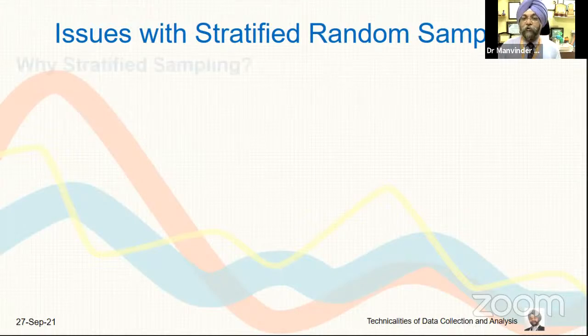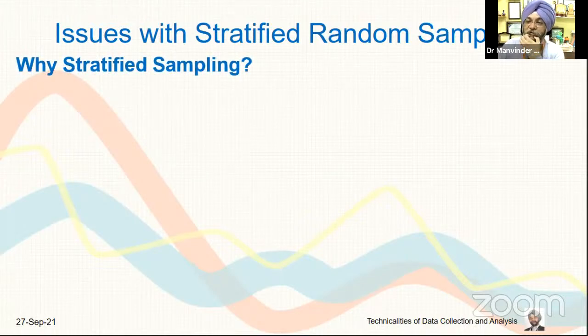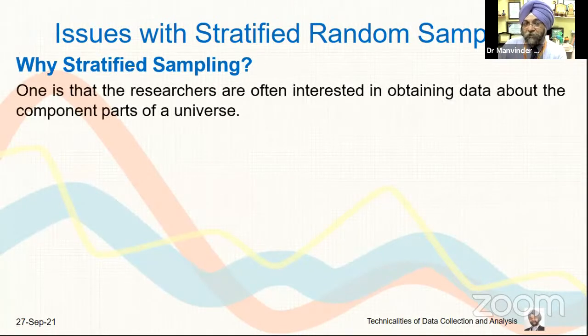Now, first of all, I would ask why we are going with stratified sampling. See, one reason is that researchers are often interested in obtaining data about the component parts of the universe. You want to have everything included, right? For example, the researcher may be interested in knowing the average monthly sales of cell phones in large, medium, and small types of stores.